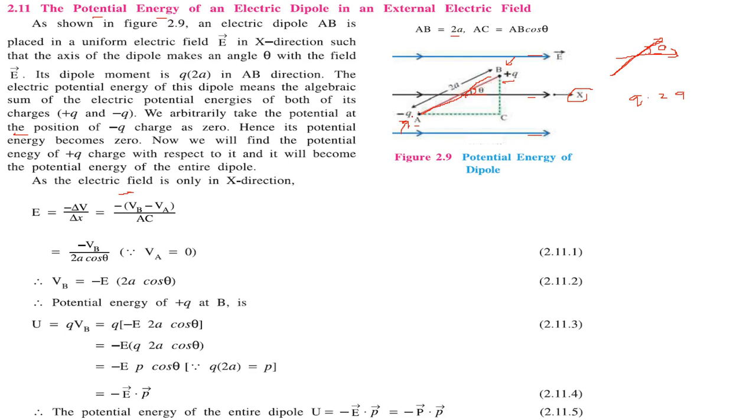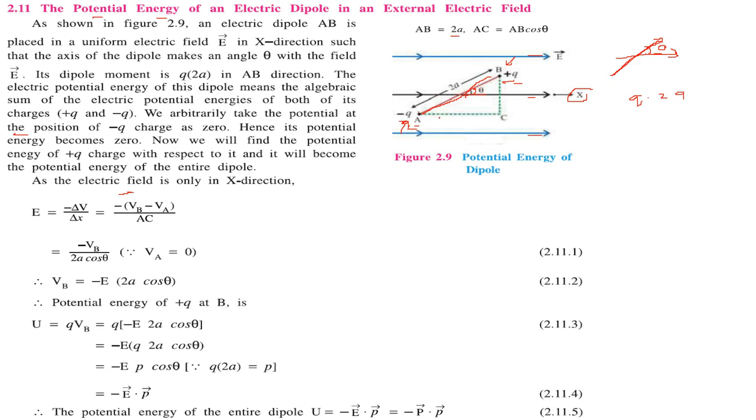So the potential energy also becomes 0. Now we will try to find out the potential energy of this plus Q with respect to this minus Q, and this will become the potential energy of the whole dipole.